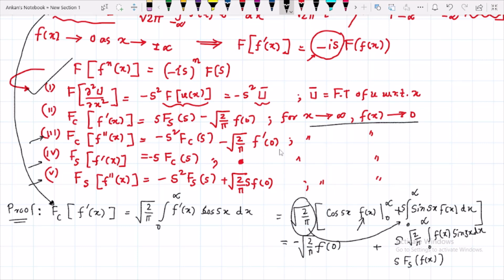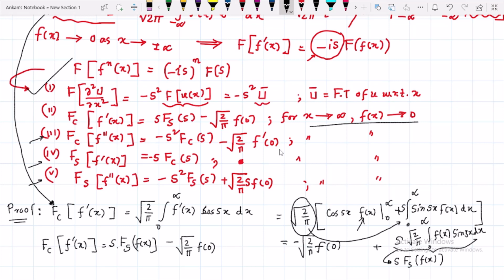Okay, so if I write it in a fresh way, it results in s into F_s of f(x) minus root 2 by pi f(0).